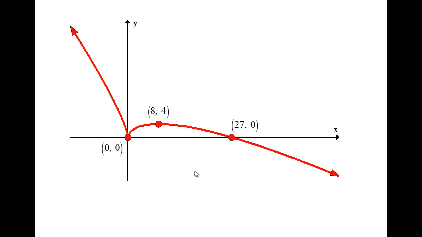So we know that the graph should be like this. It is concave down. So it's going to be like this, and then up to 8 it is increasing and concave down still, and then it is concave down all the way, and after 8 it starts to decrease.